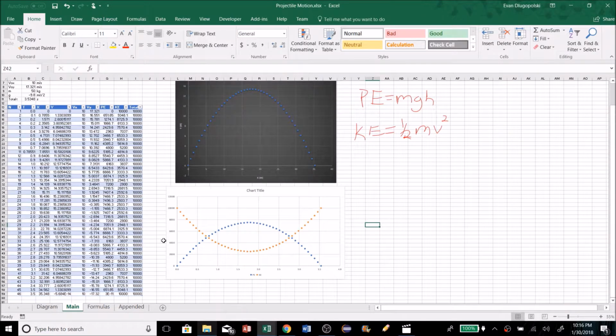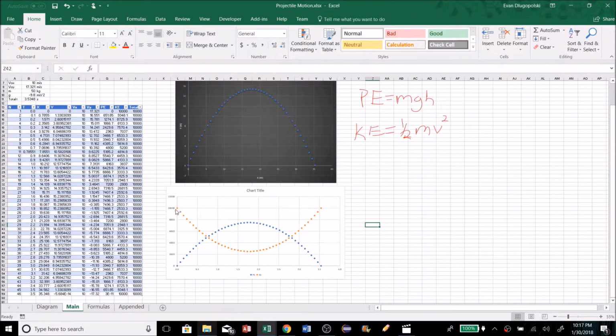So we can see now our potential energy when the ball is sitting on the ground right at 0 seconds. So the moment it's launched, the potential energy there is 0 because the ball can't be accelerated. It can't be moved downward at that exact point. It has nowhere to go.